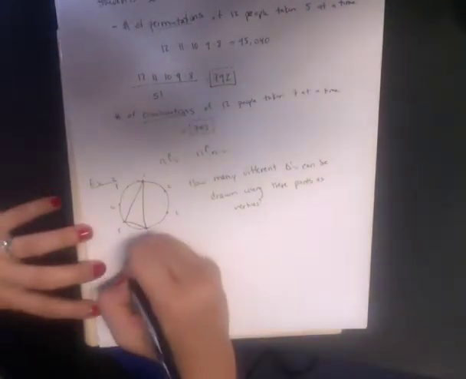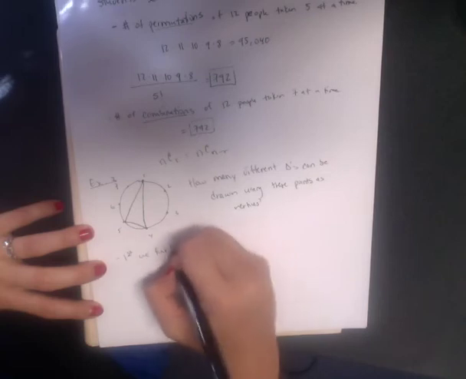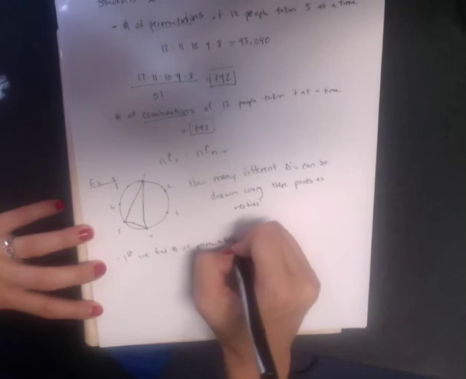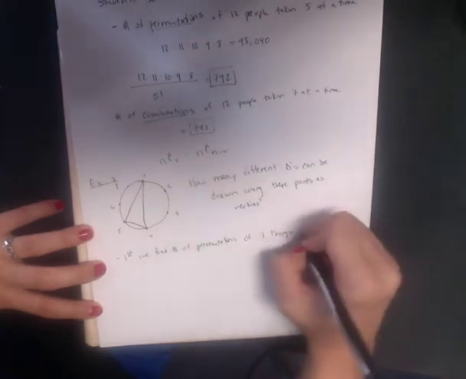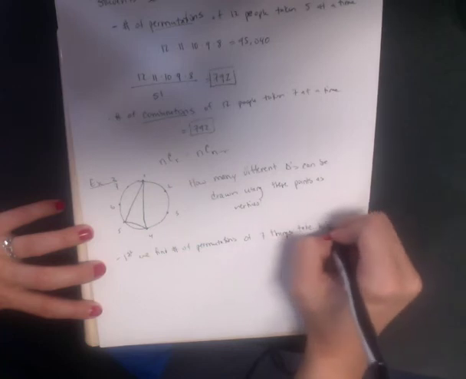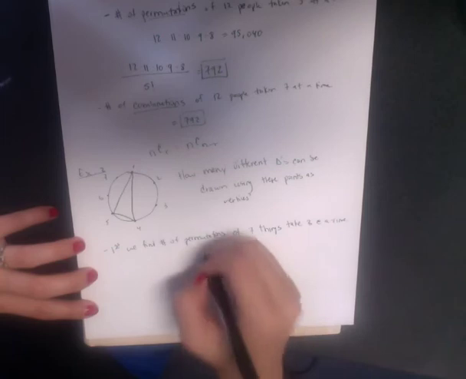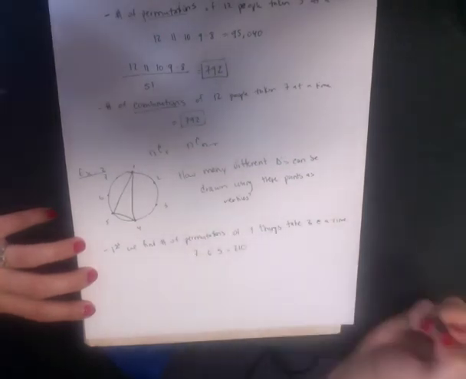Okay, so first we find the number of permutations of 7 things taken 3 at a time, which means we do 7 times 6 times 5, which gives us 210.